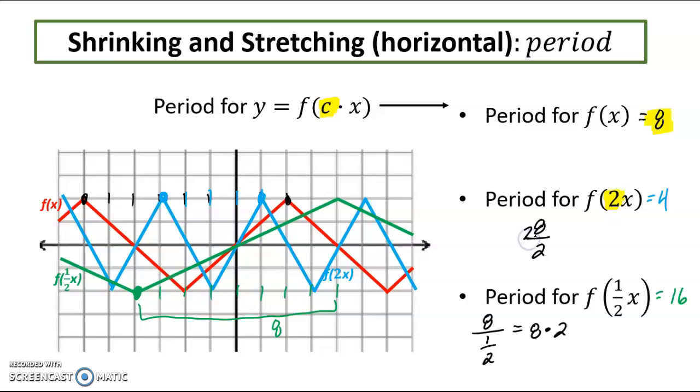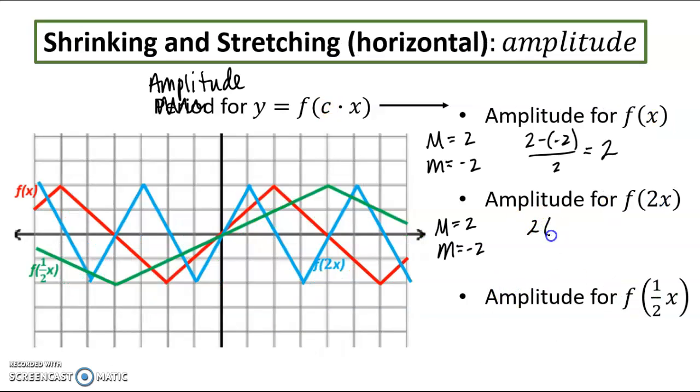So my amplitude remains the same: max minus min divided by 2. Likewise, if I have a horizontal stretch, my amplitude doesn't change, because think about what we're changing horizontally. Horizontally, we're changing our x values. They're not affecting our y values at all, which is the exact opposite of what happened when we had a vertical stretch or shrink.